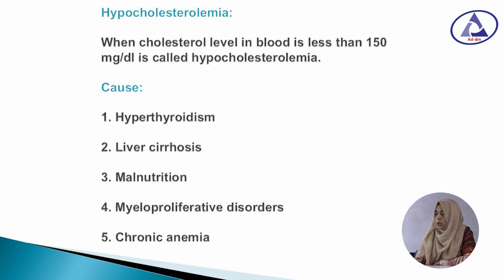Hypocholesterolemia. When cholesterol level in blood is less than 150 mg per deciliter, it is called hypocholesterolemia. What are the causes of this? Number 1, hypothyroidism, liver cirrhosis, malnutrition, myeloproliferative disorder, chronic anemia.